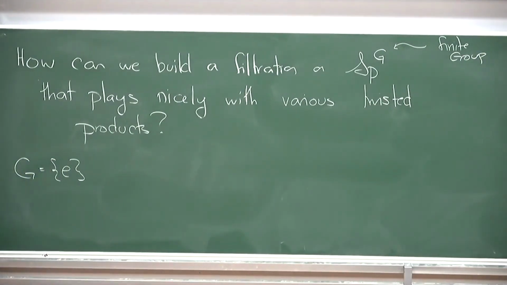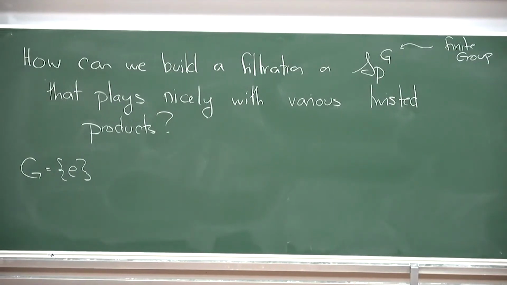So when I start with G as the trivial group, well, now I'm asking, I want to build a filtration on spectra that plays nicely with just products. There's no twisting that's going to be involved. The twisting is an interplay between the group action and the coordinates as I multiply.